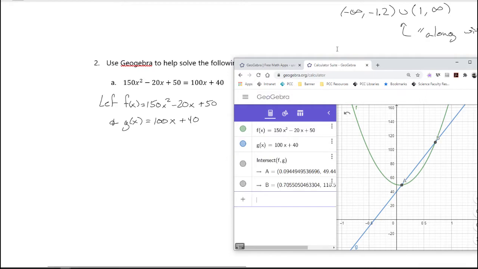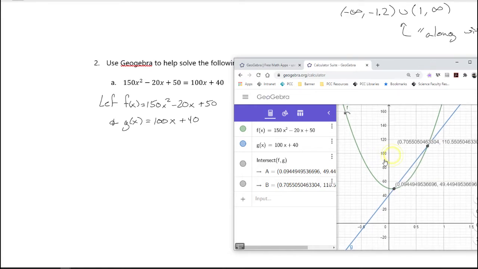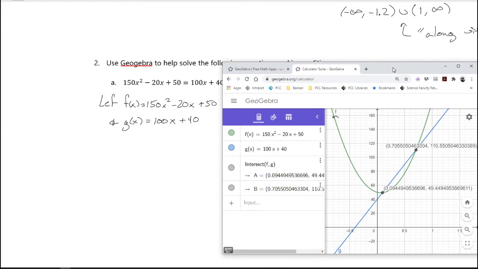Hit enter, and again, I'll click on these and switch them from label to value. So turn off label, turn on value. This seems to be more helpful. All right, and then we'll take a screenshot.